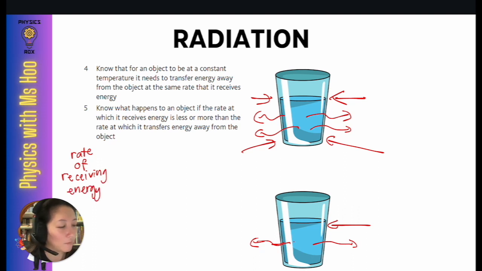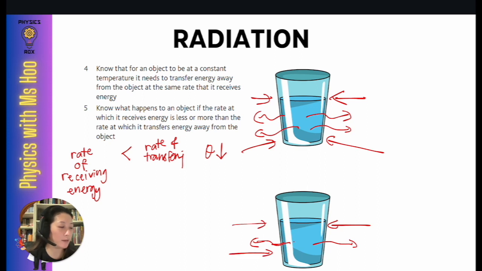So if the rate of receiving energy is less than the rate of transferring, obviously the temperature will drop. Whereas if the rate of receiving energy was greater than its rate of transferring, then the temperature would obviously increase because it's receiving more thermal energy. Logical.